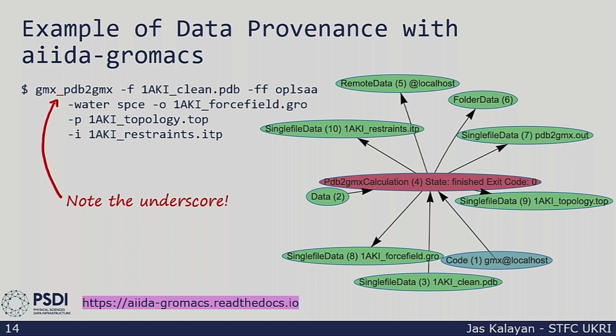So the command is almost identical to how somebody would perform a GROMACS simulation. The only difference is the underscore. And in the background, you will be able to track the provenance of this command. In red is the calculations or the command that you've performed. In green are the inputs and outputs for that command. And in blue is the code and where that code sits.